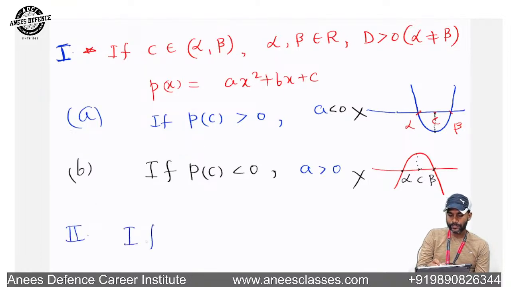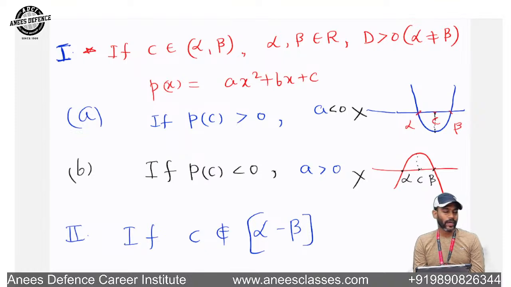If C does not belong to the closed interval alpha, beta, I am putting a square bracket here. Why? Because I don't want C to be equal to either alpha or beta.